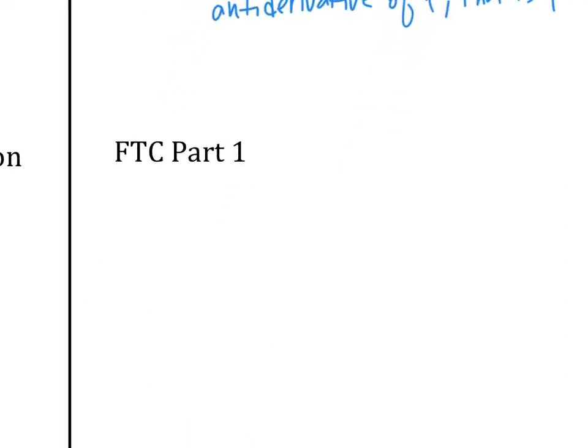So let's look at the FTC first part, which is the accumulation function. We're going to spend a lot more time on this in the next chapter.